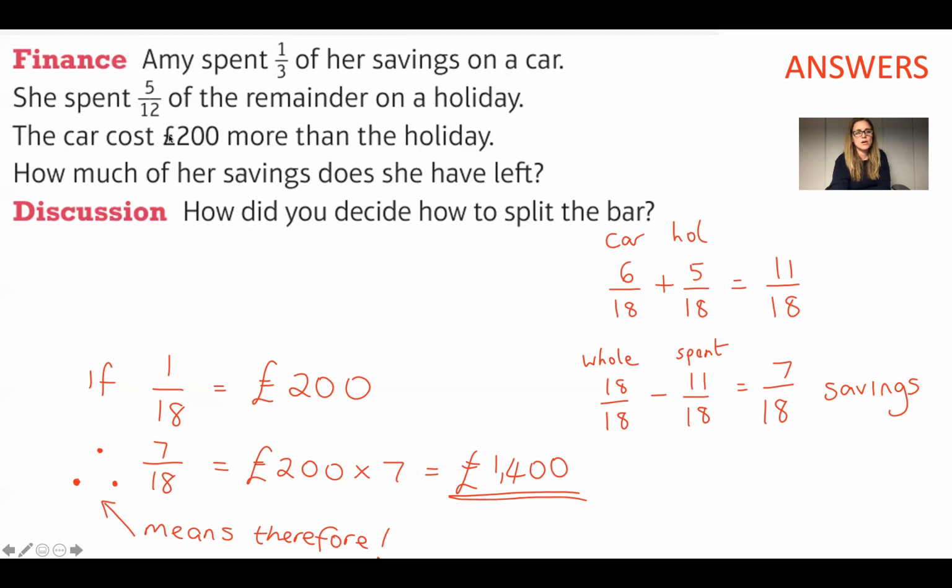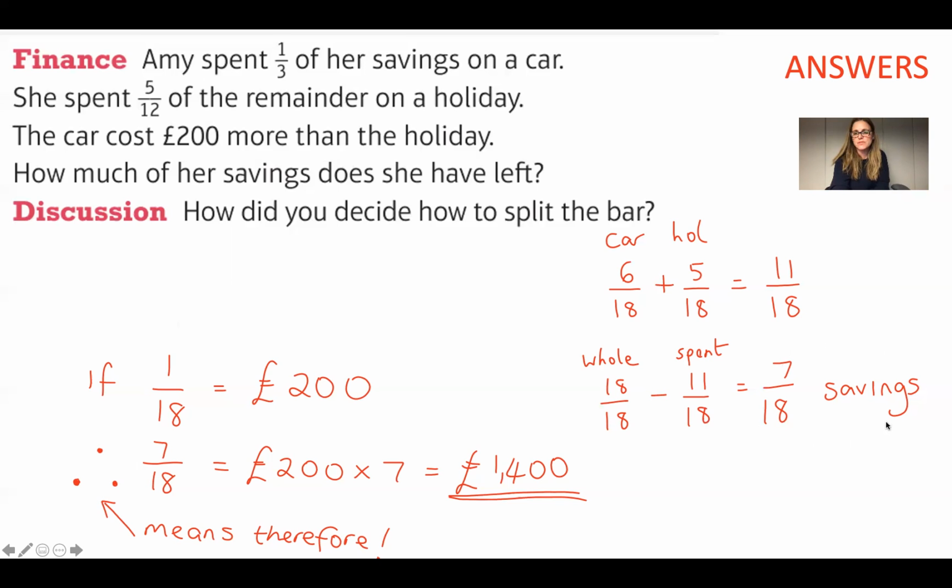Remember that the car costs £200 more than the holiday. So we're looking at the difference between the car and the holiday. So the difference between the car and the holiday is 1 over 18. So if 1 over 18 is £200, we want to know the savings she's got left.